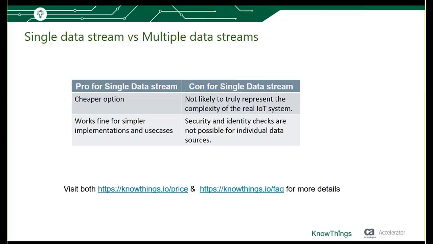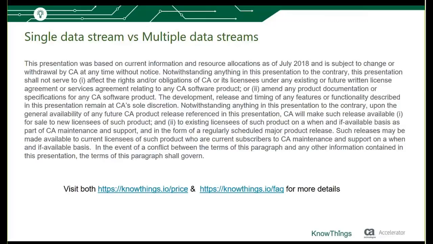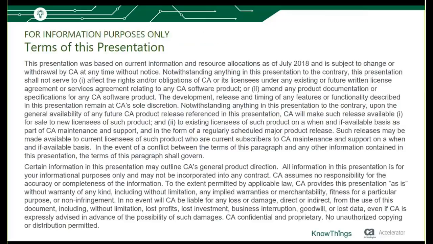So I think those are a couple of things to think about when you make the decision on how you would want to license. We also have some additional examples in the FAQ, and the pricing page also has more details. And of course, if you have any questions or suggestions, please reach out to us. So with that, I'll move to the end of the presentation.